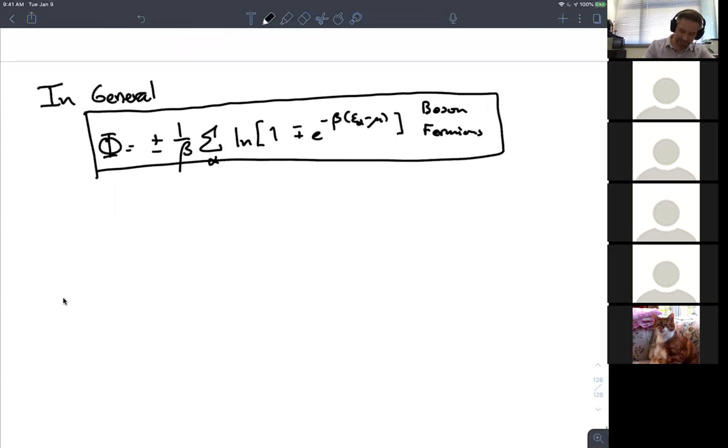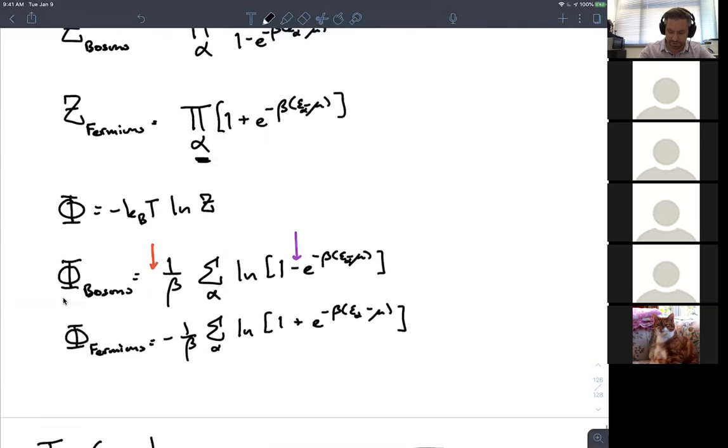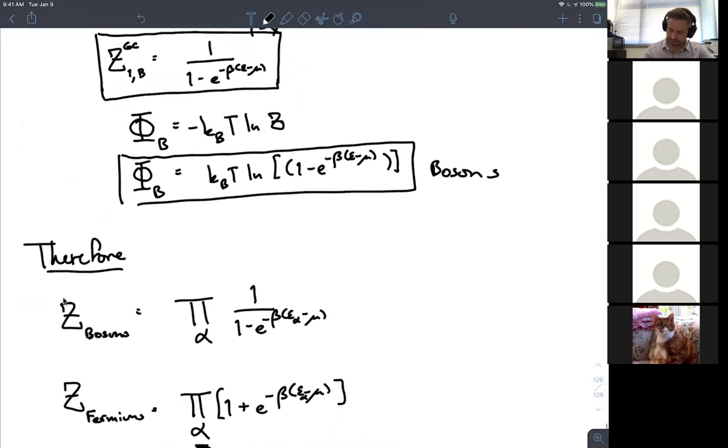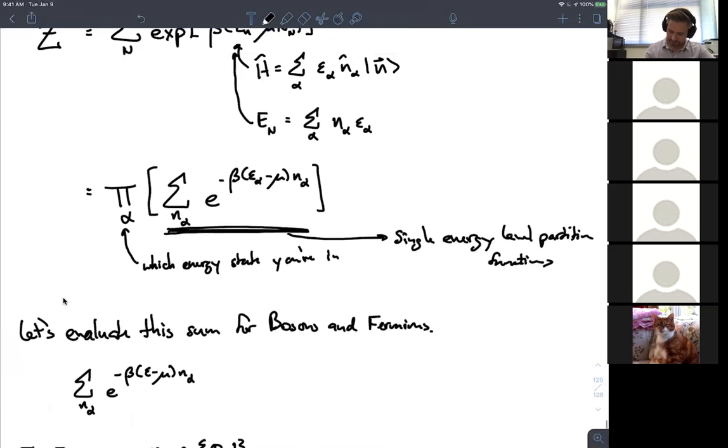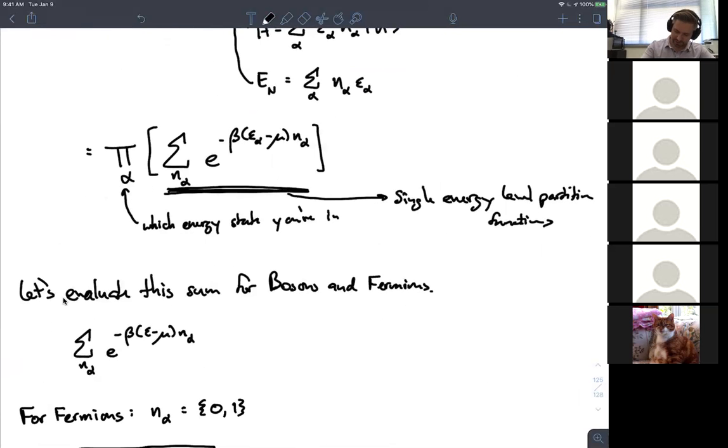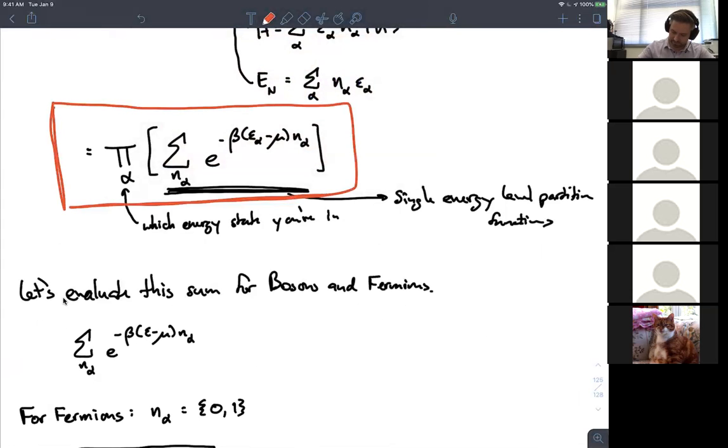So what we're interested in are the average occupation numbers n alpha. Now you go back and have a look at your partition function, specifically the general formula, and you find in that expression the thing that you're looking for, the average of n alpha.